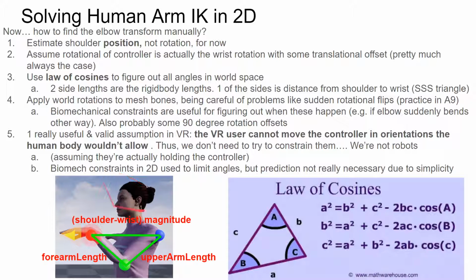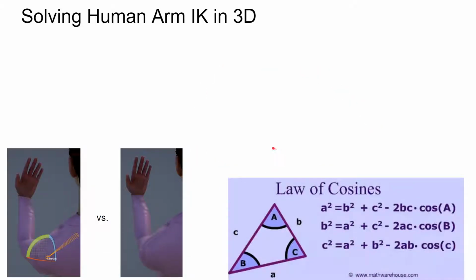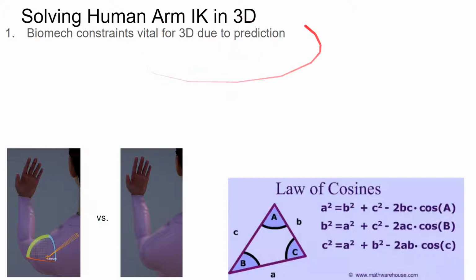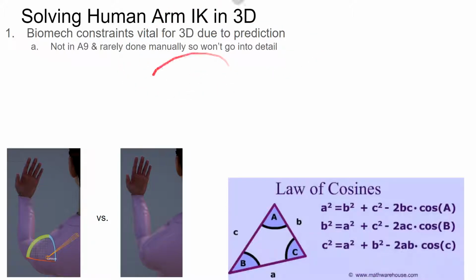And in 2D, the biomechanical constraints are mostly used to limit this angle, but we don't really need it to predict because it's so simple to do law of cosines in 2D. In 3D, we do need to do prediction. I won't go into detail because in A9 you wouldn't do this, and nobody really does this manually.